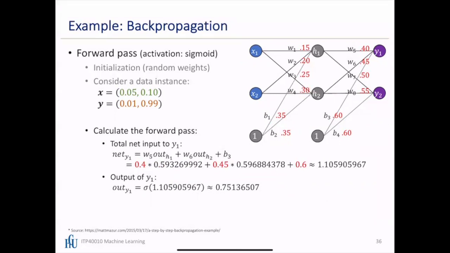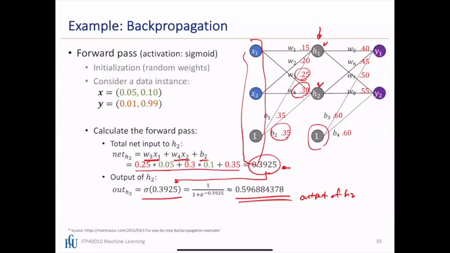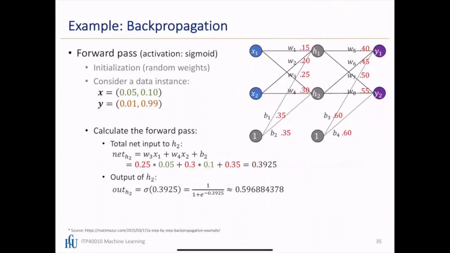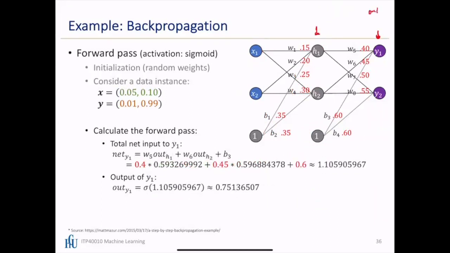Now we are going to look at the output layer. What we worked on was the hidden layer. And from now on, we are going to work on the output layer. For the output unit Y1, again, you are going to get the net input to Y1.